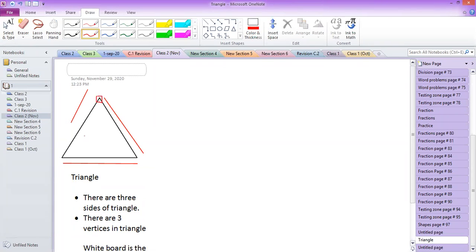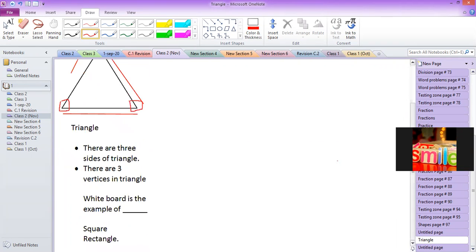When this line is meeting this line, this is the second vertex, and this is the third vertex. So there are three sides and three vertices in a triangle. This is what we studied yesterday, and we are going to start from here now.